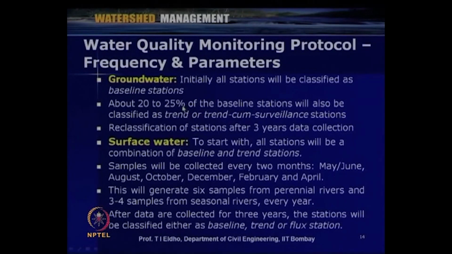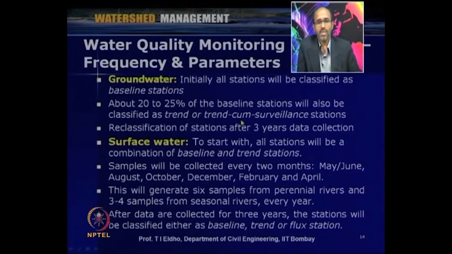So, in about a quarter of this baseline station, we very frequently take the samples and monitor in a very systematic way, so that we can identify the trend as far as the water quality is concerned. With these stations we can call them trend cum surveillance stations.